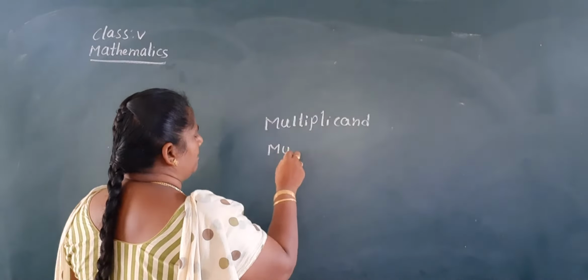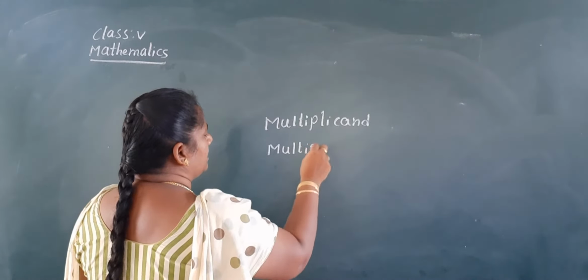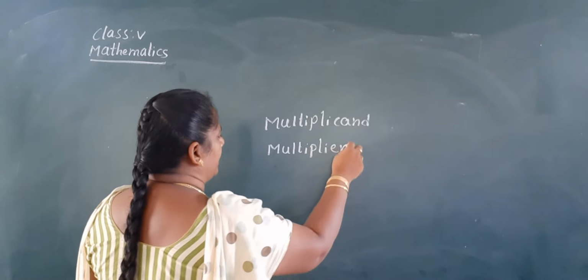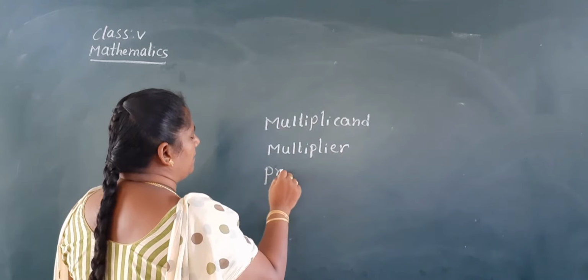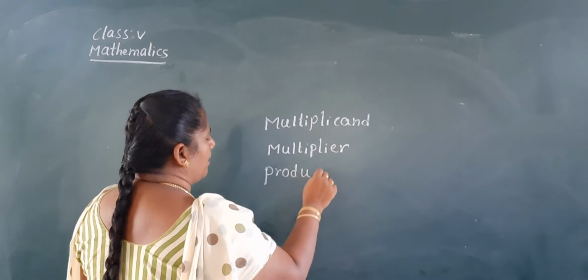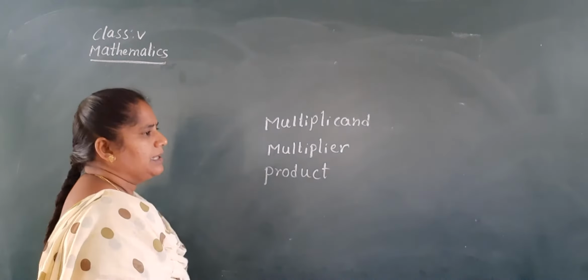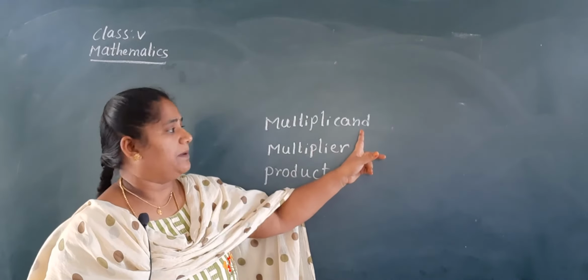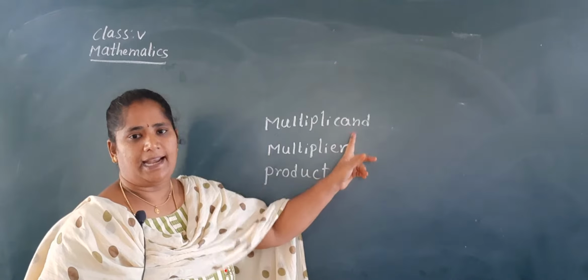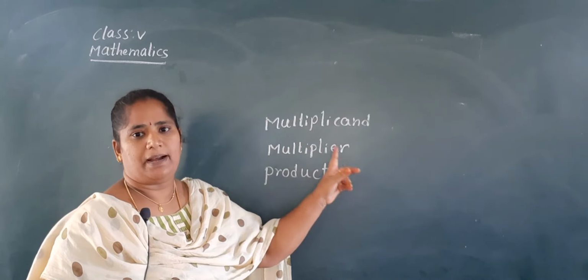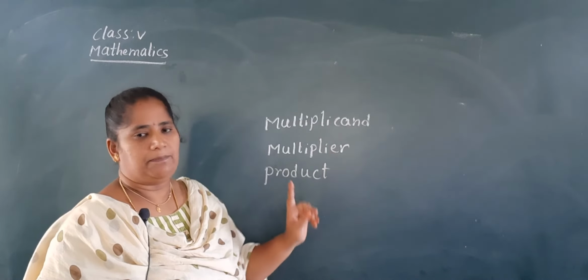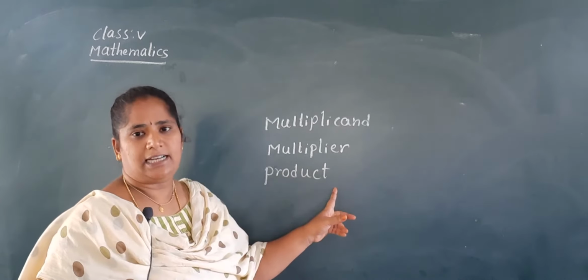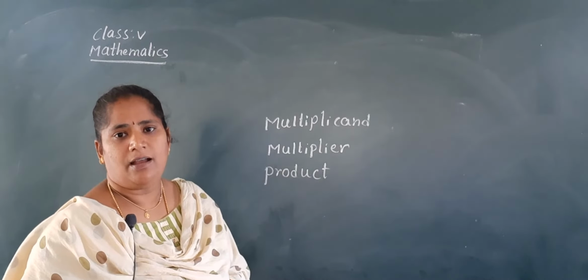The number by which we multiply is called multiplier, and the result of multiplication is called product.